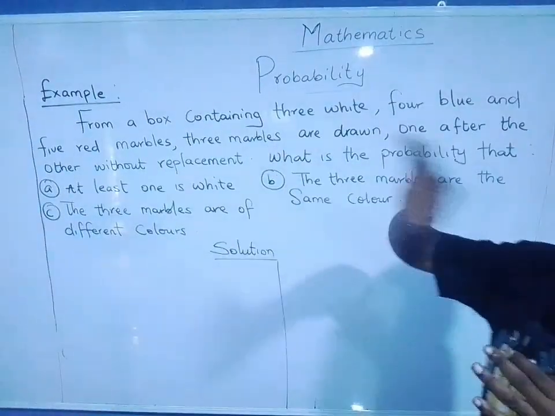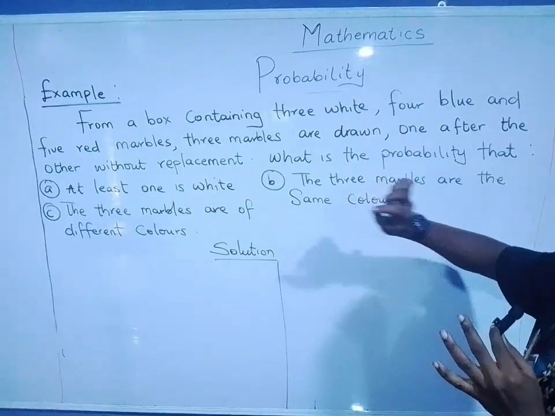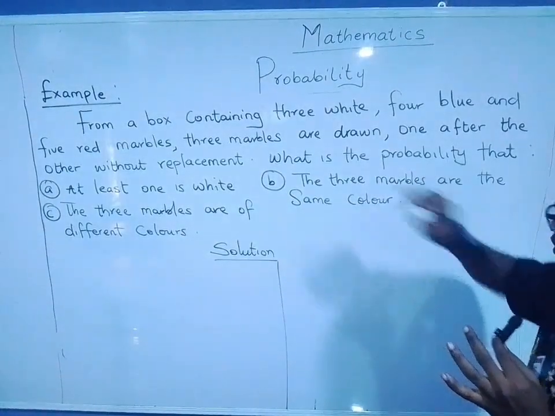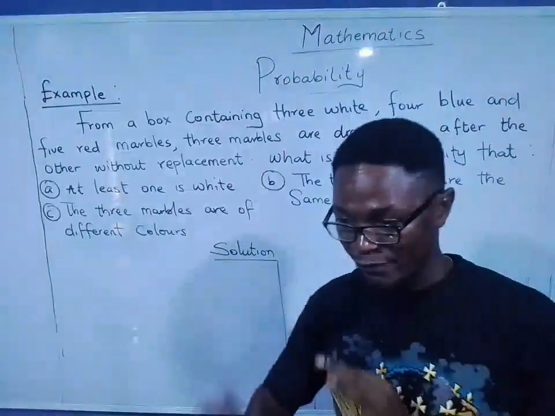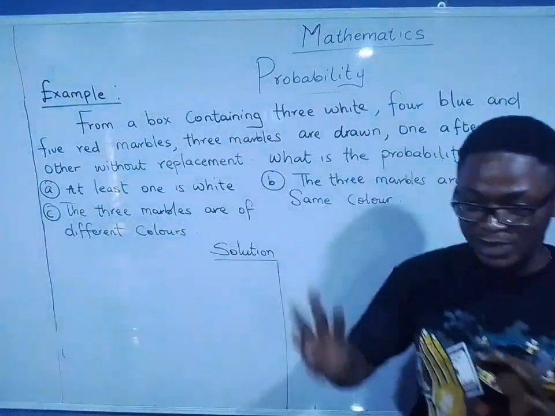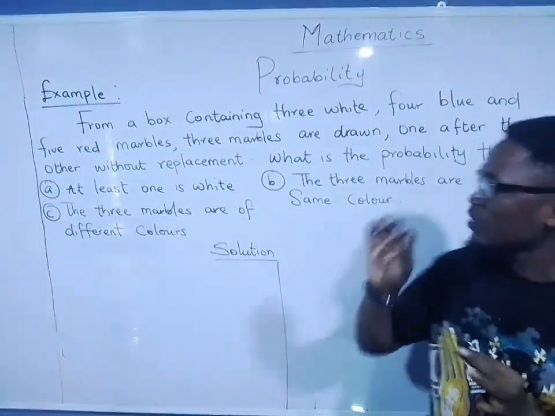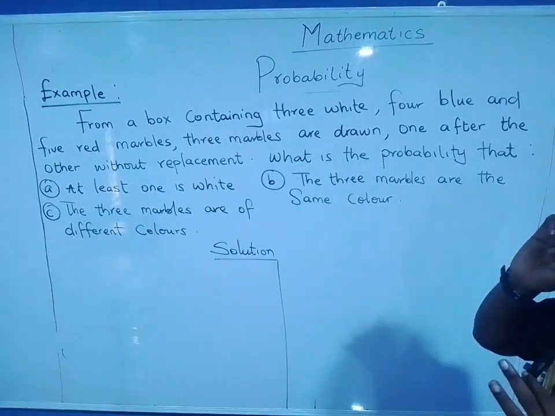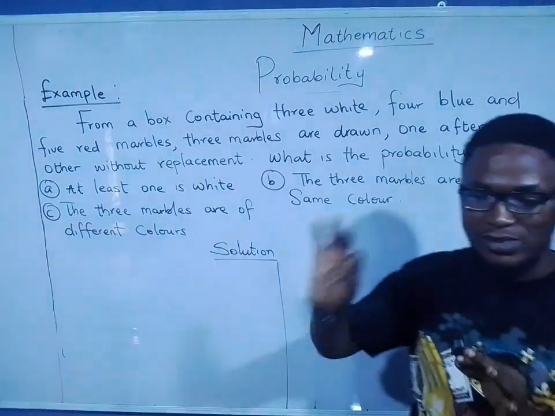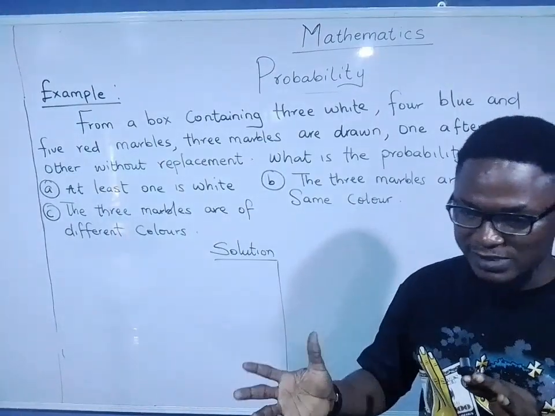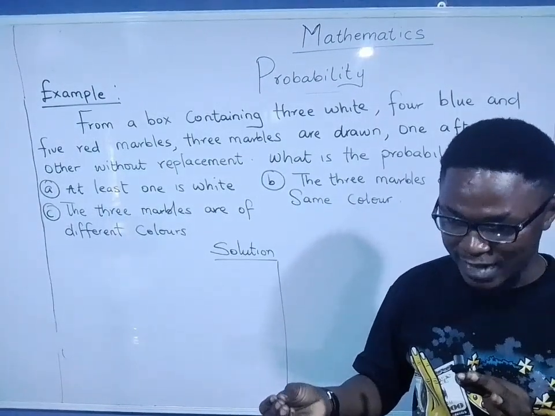So we pick 3 marbles out of them. What are the total marbles we have? 3, 7, and 5, 12. We have a total of 12. So out of that 12, we are picking only 3, one after the other without replacement. What kind of event is this? Dependent, right?